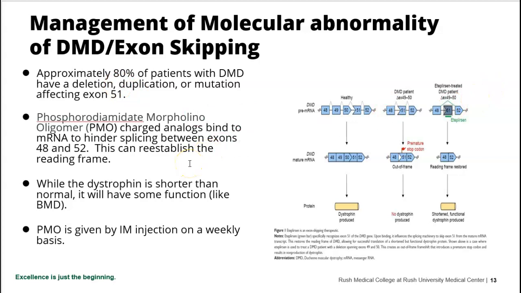And while that involves a great number of patients with Duchenne's, it doesn't involve all of them. That's why it's important not just to know the phenotype, but to know the genotype when you're looking at molecular treatments. And again, this is really not experimental. This is standard of care. This is what neurologists do when treating patients with Duchenne's muscular dystrophy.